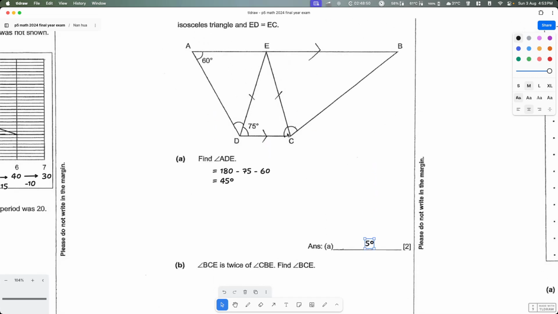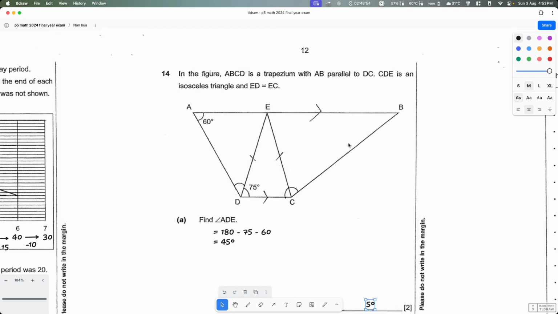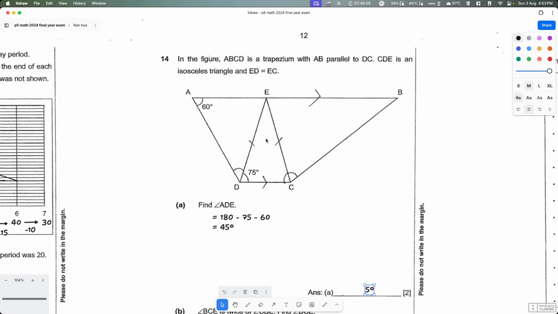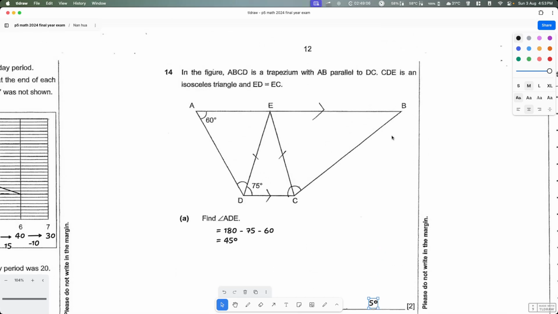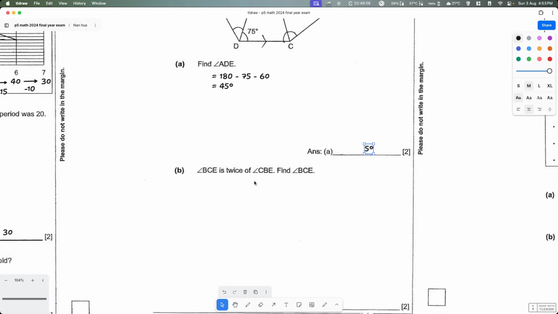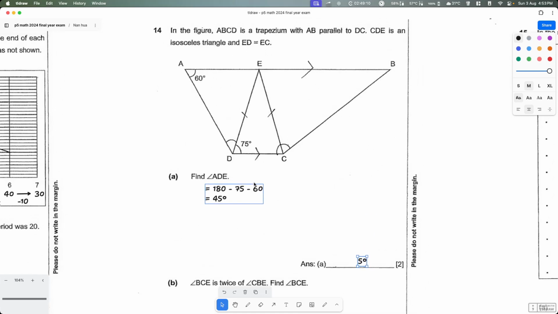BCE is twice as CBE. Okay. So in this case over here, find BCE. So BCE is twice of CBE. C, B, and E. Okay.